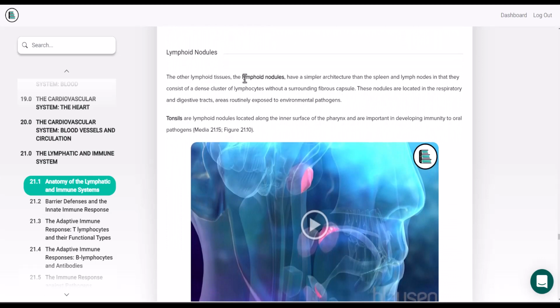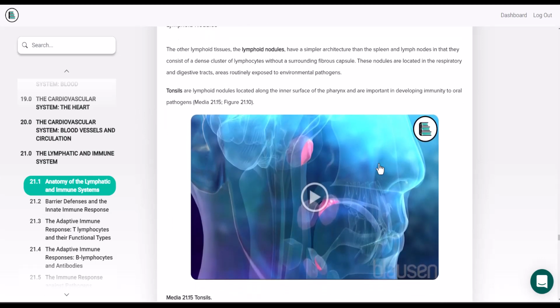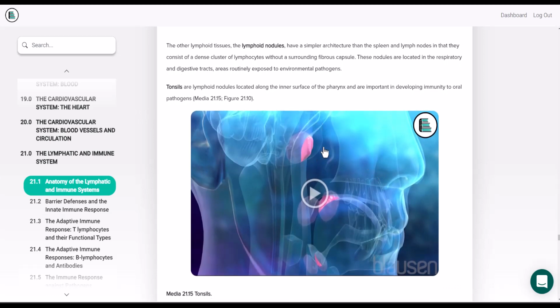A couple other structures, the tonsils, and there are 3 of them essentially up in the nasopharynx behind the nasal passages. There is the adenoid, otherwise known as the pharyngeal tonsils. The tonsils that most of you think about, there are 2 of them, left and right. They are the Palatine Tonsils.